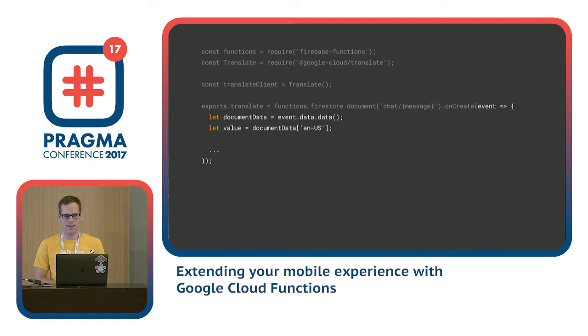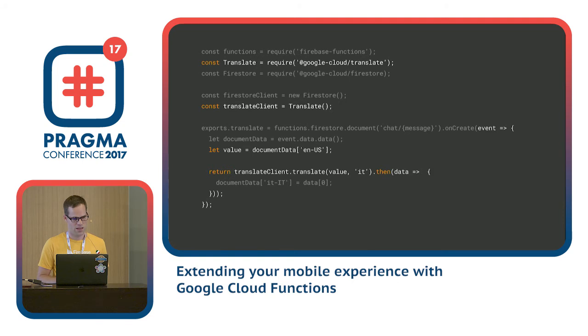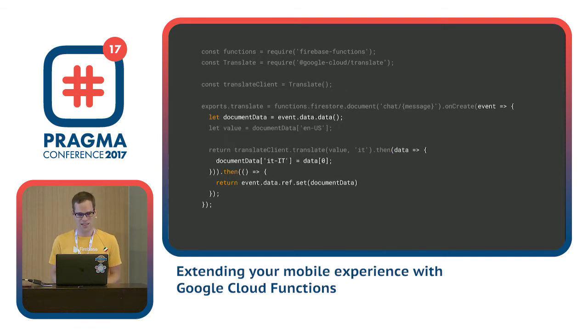Now, we look at the data that we just wrote in our Cloud Storage trigger and call the Google Translation API to translate our text to Italian. Note that we don't have to tell it what the source language is. As the last step, we persist the result of this translation and save it in Cloud Firestore.